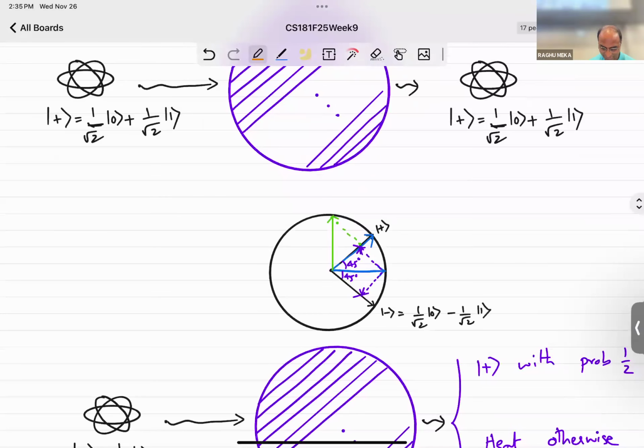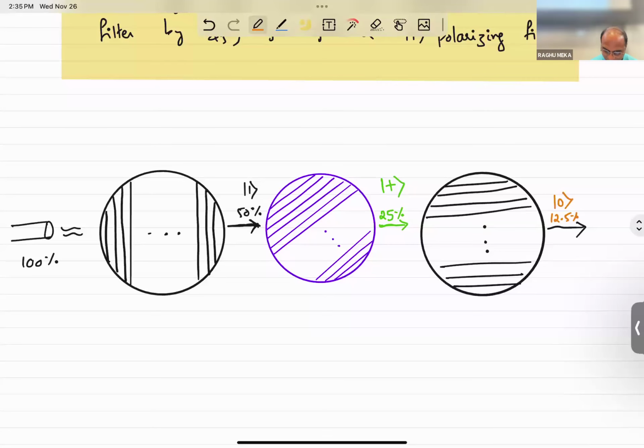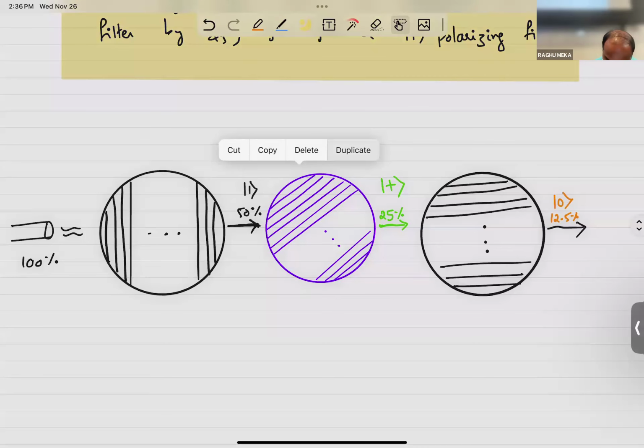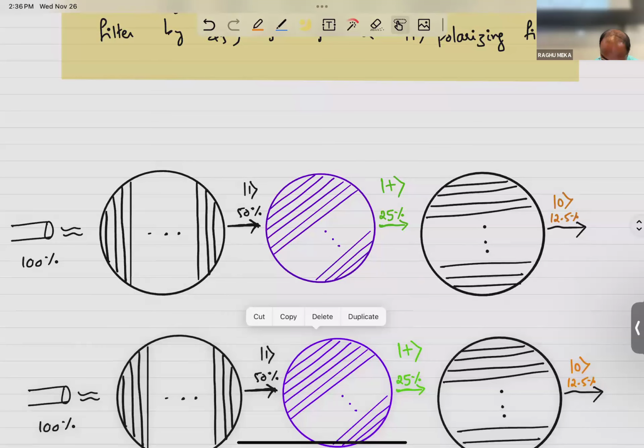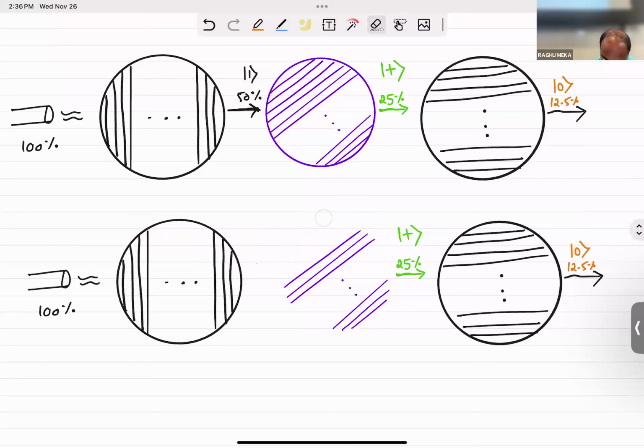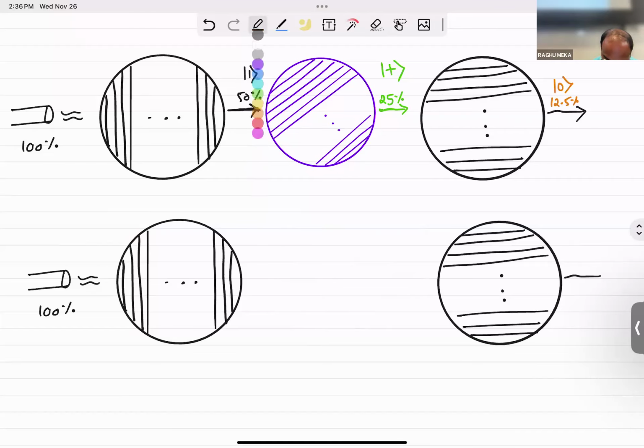Did I erase that? Yeah. So the counterintuitive thing is the following. Without this additional barrier, I should get no light. We think of filters as always reducing intensity. If I put these two things, there is no light going through. But I add one more in the middle, and suddenly light is going through.